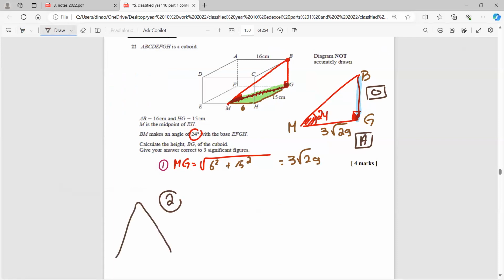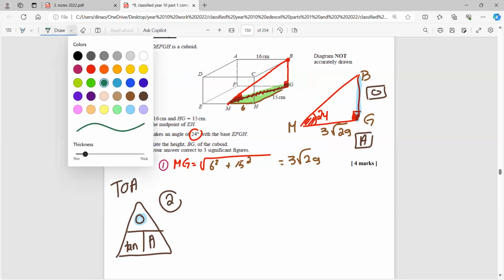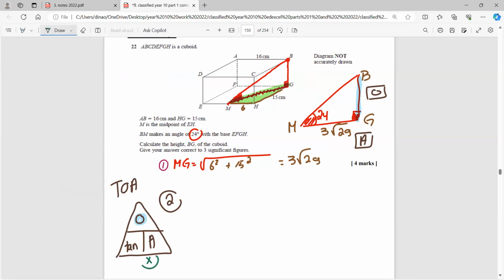So I'm going to use the tan in the normal form, tan equals opposite over adjacent, because I'm going to calculate the side. I am required to calculate the opposite, so I immediately multiply the adjacent and the tan. So 3 root 29 multiplied by tan 24.